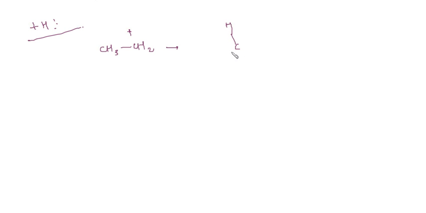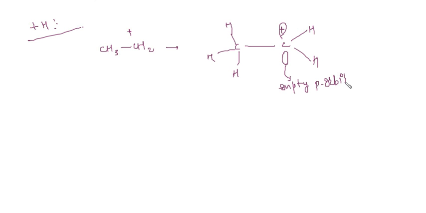This 1 hydrogen, this 2 hydrogen, and this 3 hydrogen. Now here one carbon has one empty p orbital, attached with 2 hydrogens. This is the empty p orbital. How is it an empty p orbital?